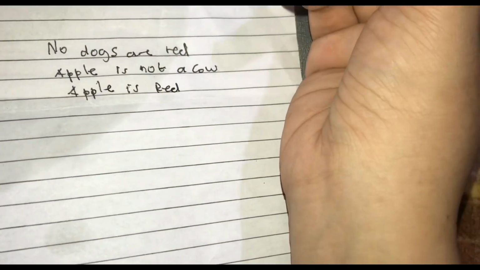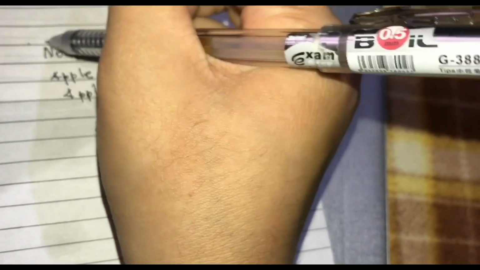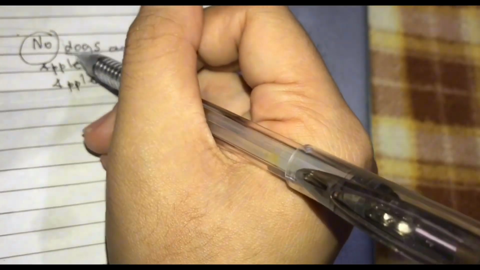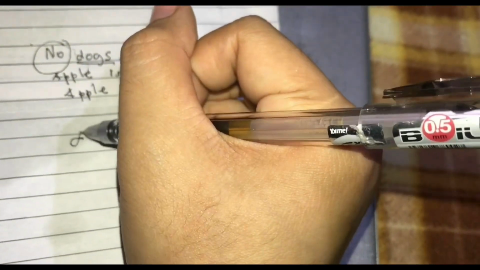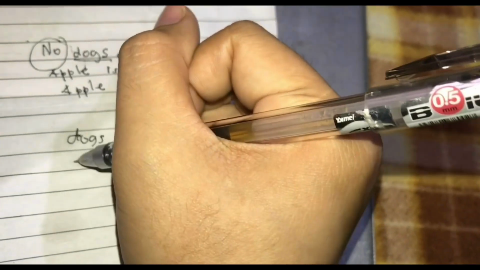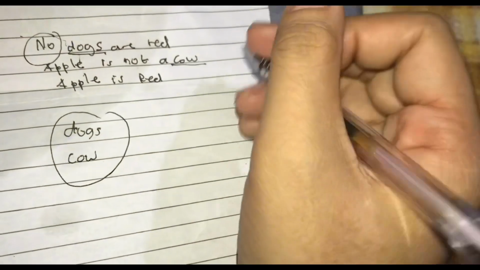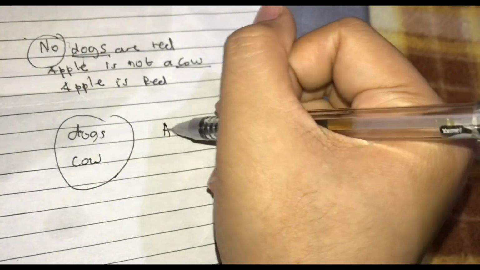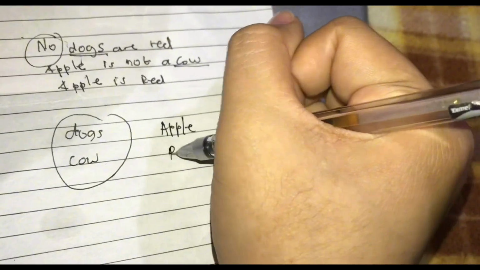Diagram here is, from the word no, so no dogs and cows, and apple, and red.